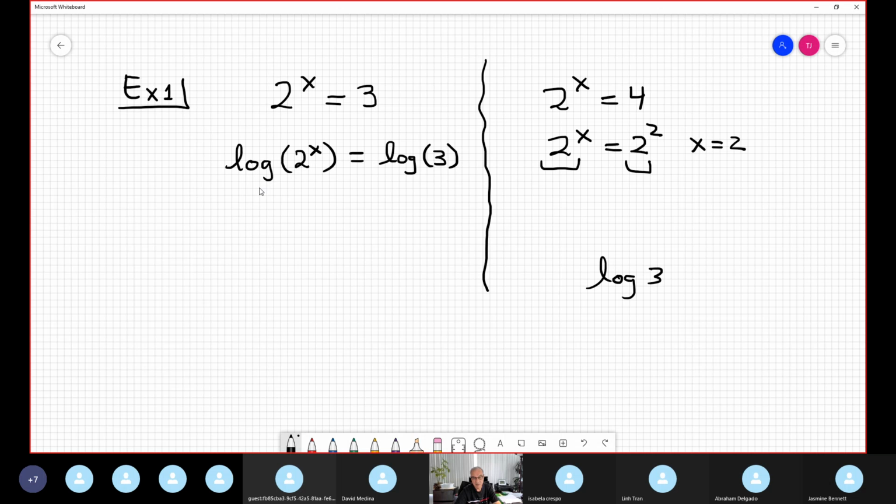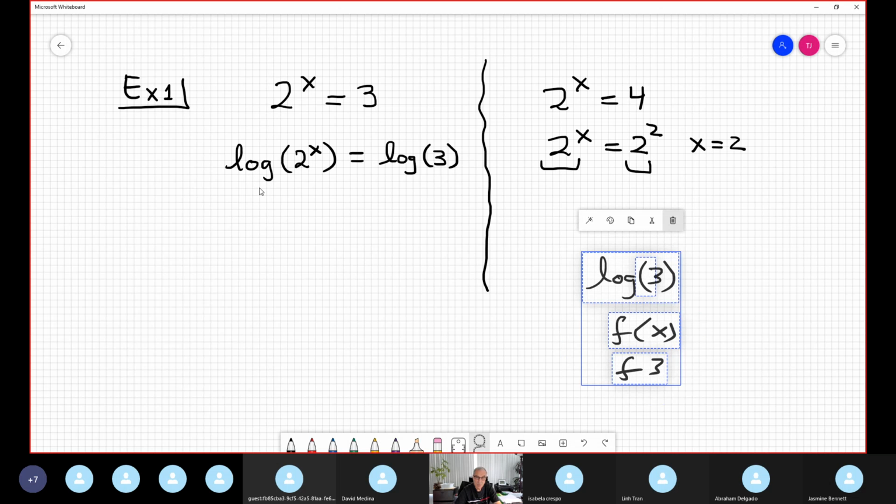This is correct. But I like you to enclose it in parentheses because this is like a function notation. You write like that, f(3). Nobody understands this very well, but it's okay. The majority of students don't put the parentheses, but it's understandable.